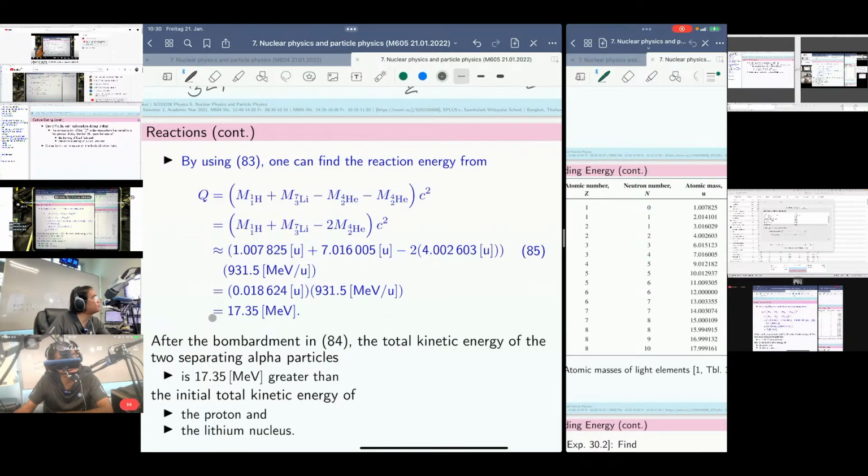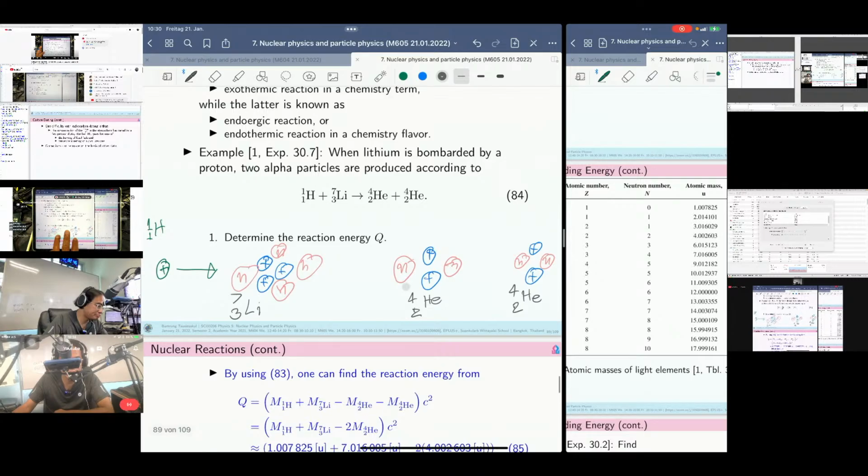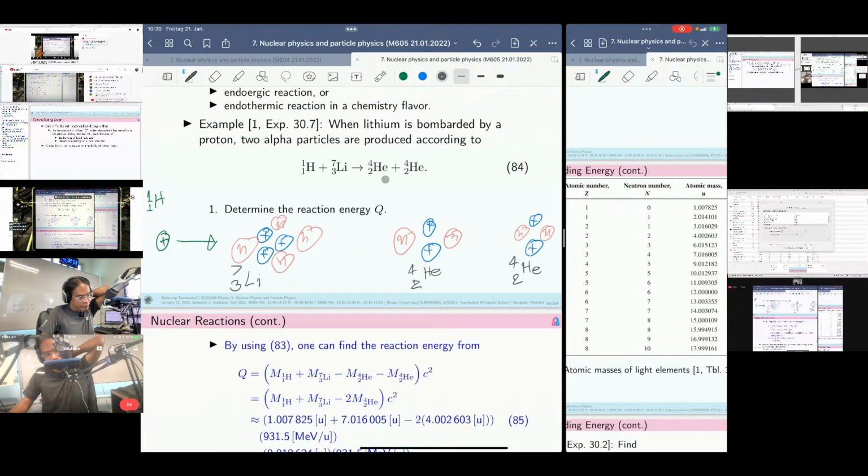It's quite high. Of course, the helium, once it hits the lithium, is going to have more kinetic energy by 17.35. At the input side, they may have kinetic energy because this one is moving with high speed v.